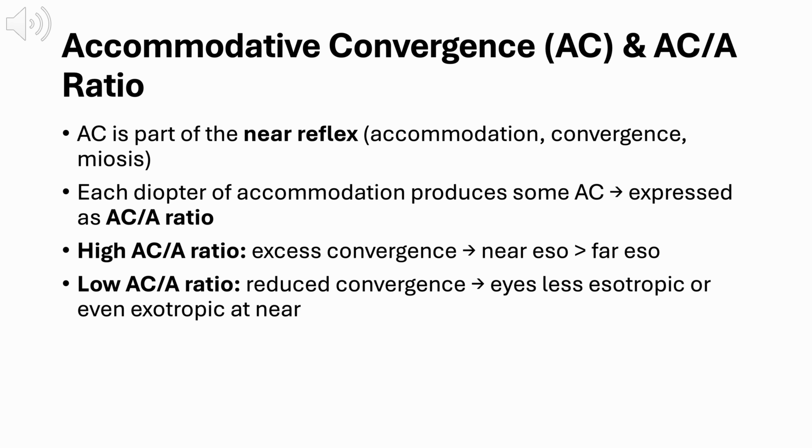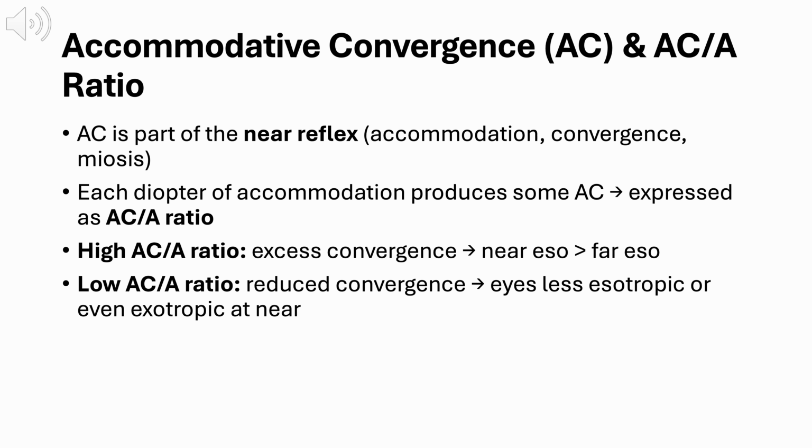Next is accommodative convergence, or AC, and how it's quantified by the ACA ratio. AC is one component of the near reflex, along with accommodation itself and pupillary constriction. Every diopter of accommodation generates a predictable amount of convergence, and that relationship is expressed as the ACA ratio.